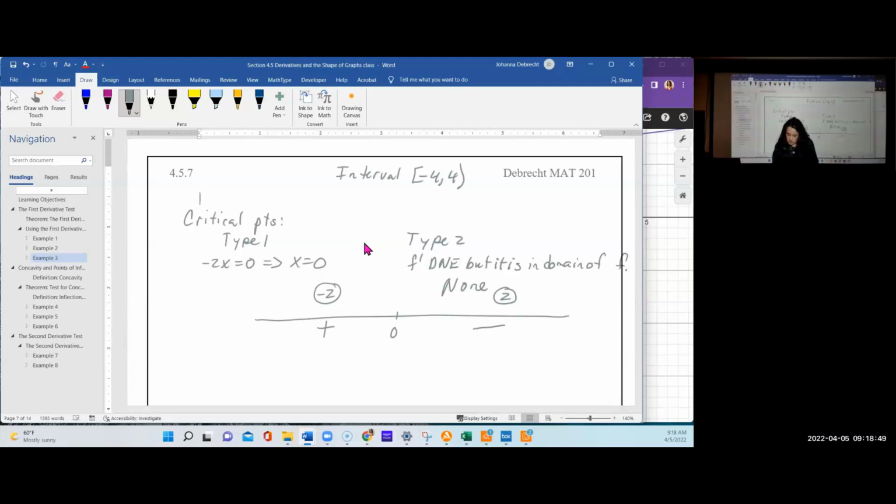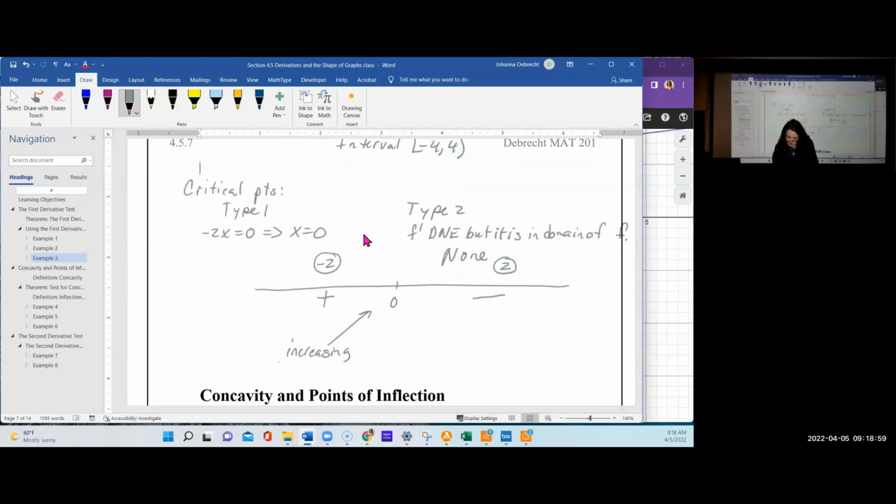Now, I like to draw a picture that helps me think about what's happening. I basically have increasing behavior from at least -4 up to 0, since I'm only looking at that part of the graph.